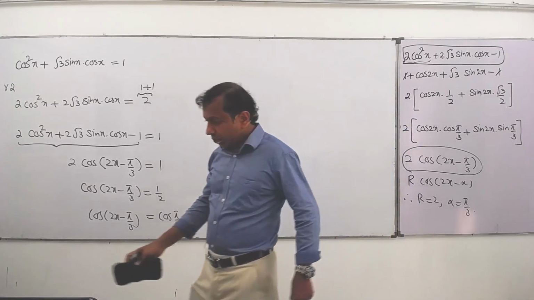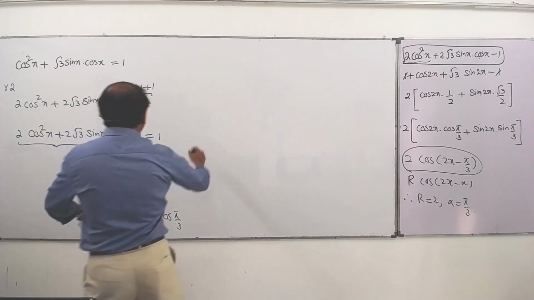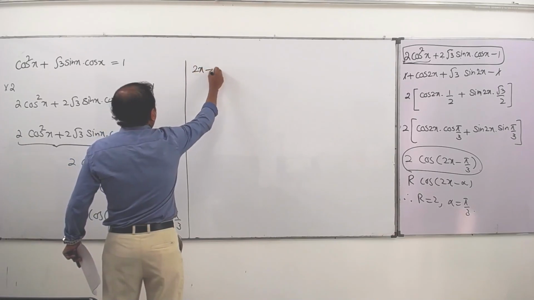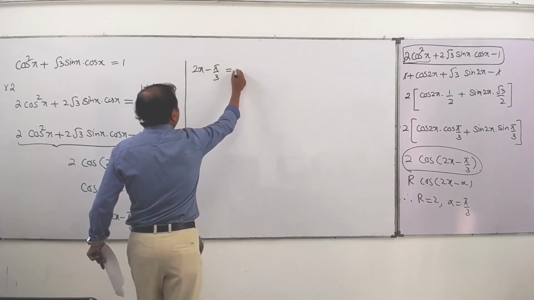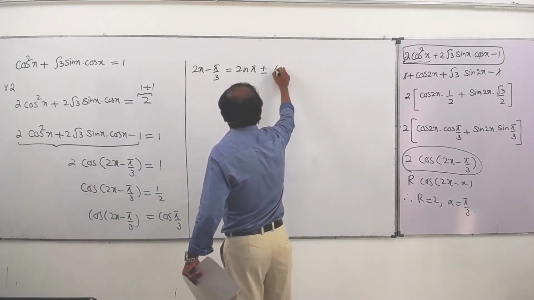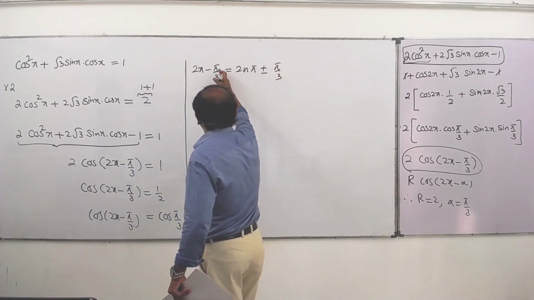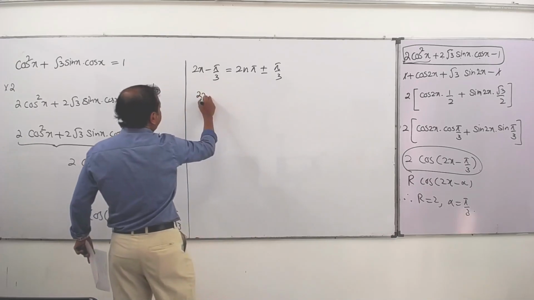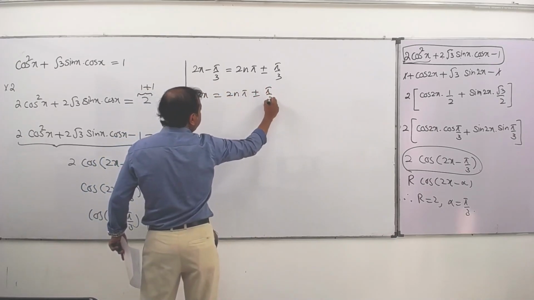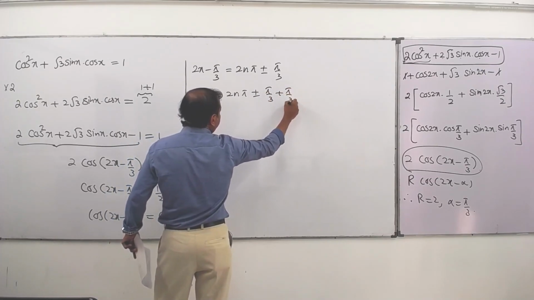Yes, how to write the general solution? Left hand side angle 2x minus pi by 3 is equal to 2n pi plus or minus the right hand side angle pi by 3. Take this pi by 3 to the right hand side: 2n pi plus or minus pi by 3 plus pi by 3.